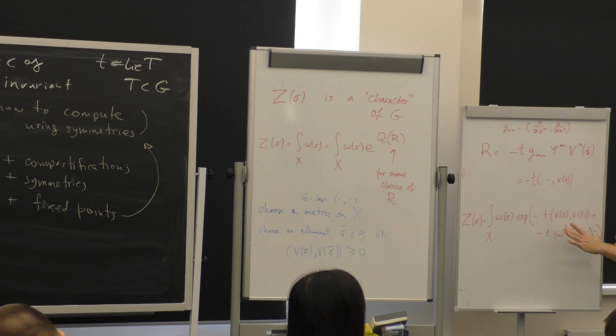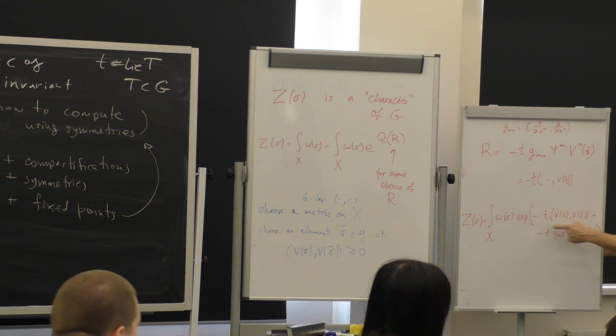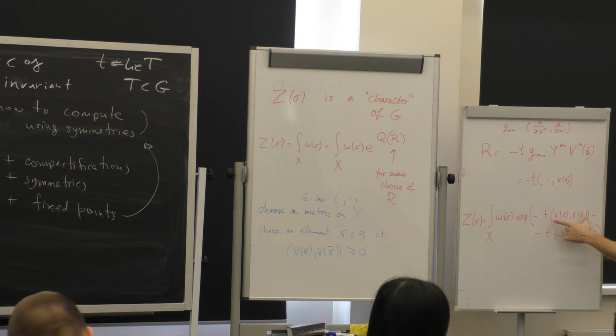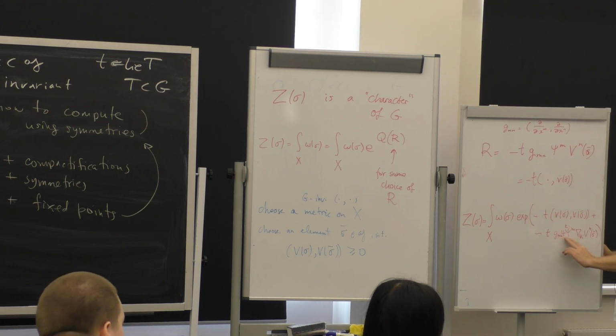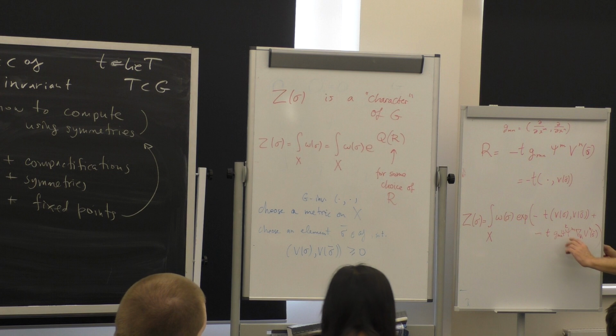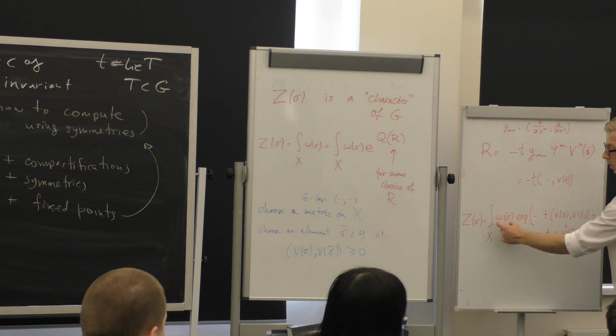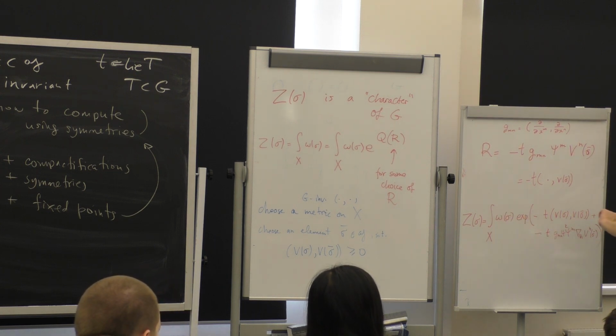So what I have here, this is some function on the manifold X. This is a two form because it has two psi's, and this is multiplied by omega. So now I need all of the omega.